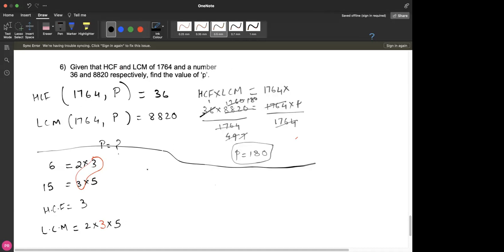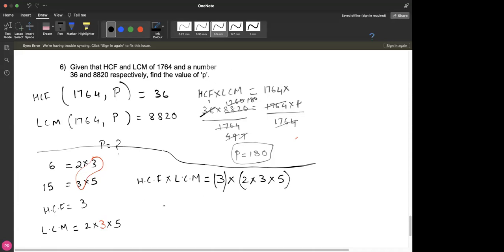Imagine we are multiplying all of this, 2 into 3 and 3 into 5. In general, imagine we are multiplying all of the prime factors. Then the common ones are counted once in the HCF, and the LCM will also count it, but a second time.